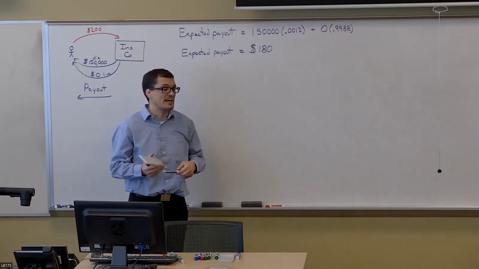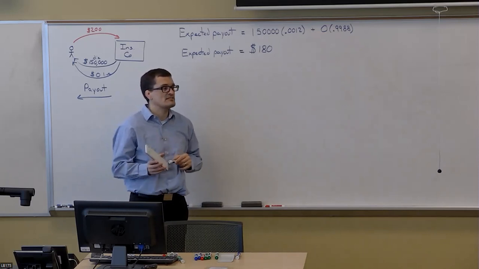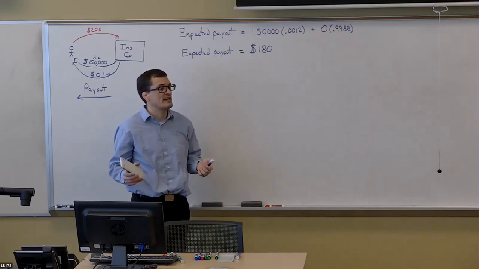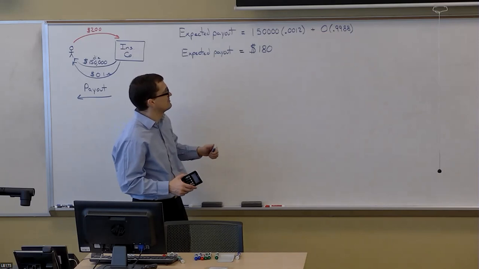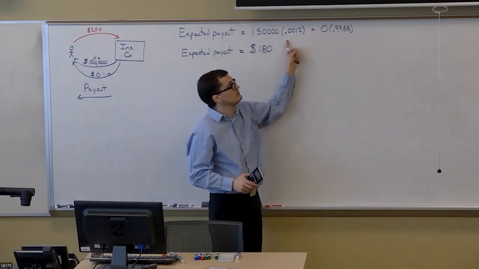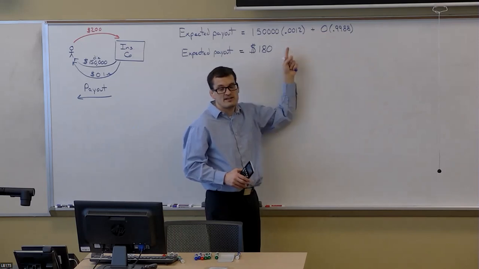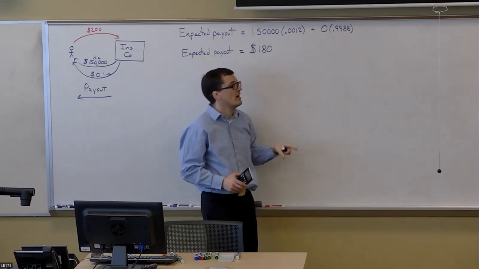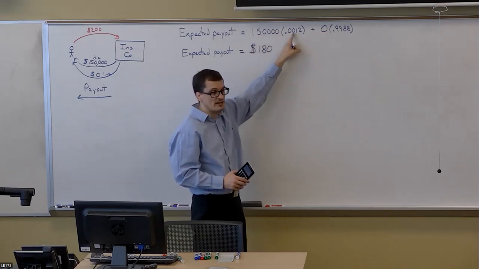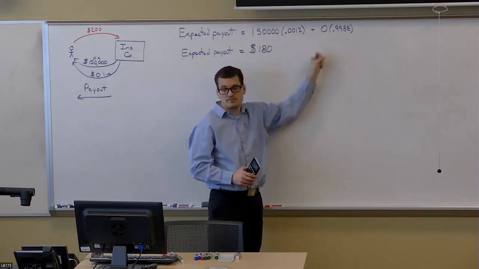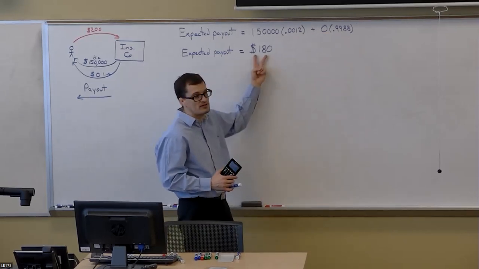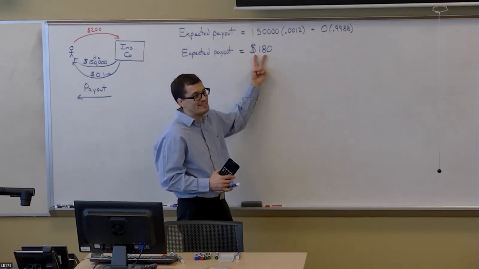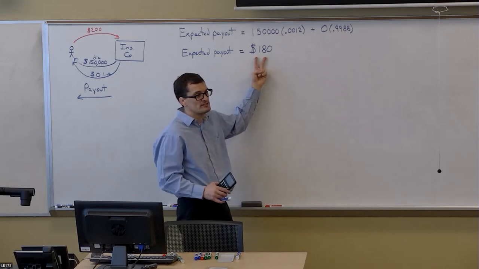Now, what this is saying is that if lots and lots and lots of copies of this guy walked into the insurance company, most of the copies are going to live. Just a few copies would die. And the insurance company would have to pay out $150,000 some of the time, but 0 most of the time. And on average, for all kinds of copies of this guy, they pay out $180 per copy of that person.